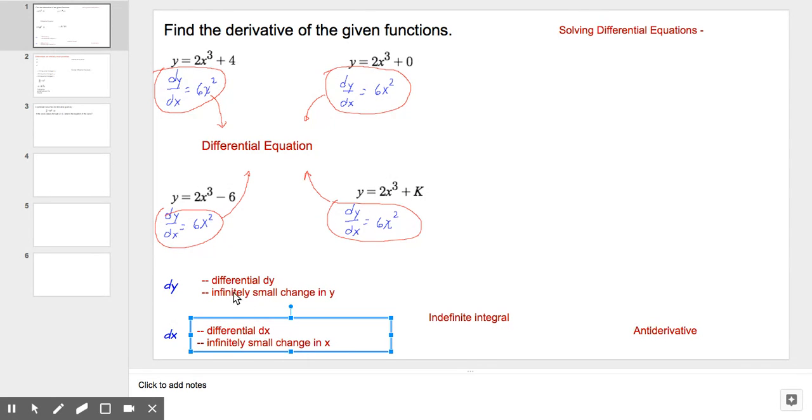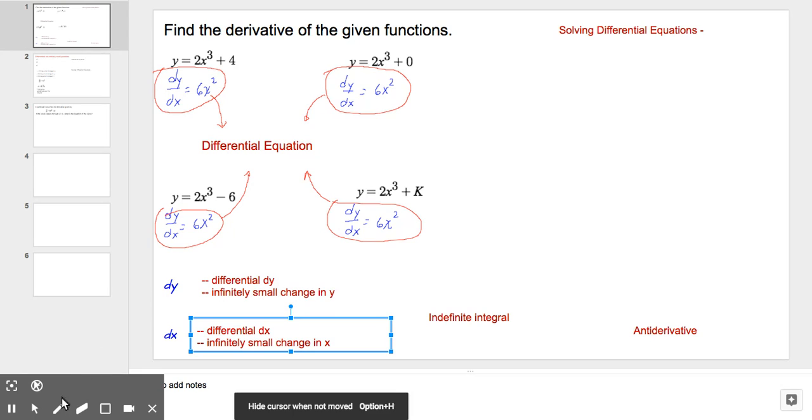So this helps us determine when x changes, how does that affect y. All right, so now since we have here equations, we are going to be solving differential equations. So that's a new thing for the second semester, solving differential equations.